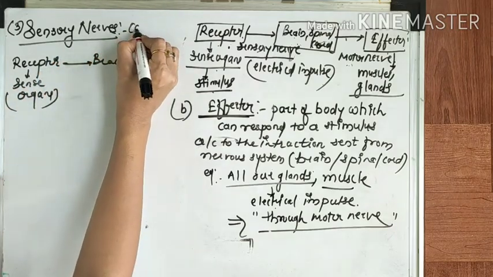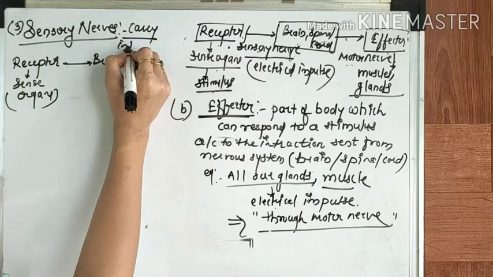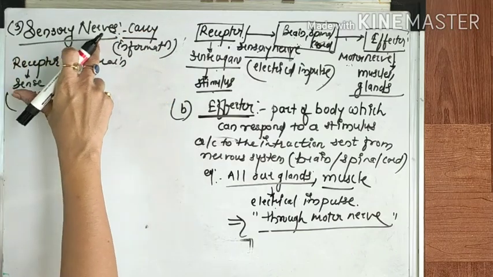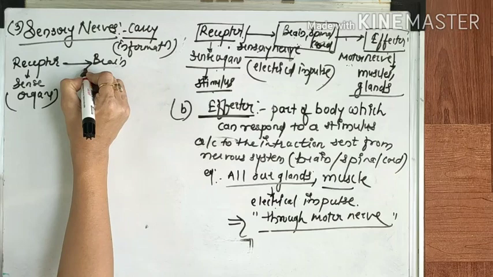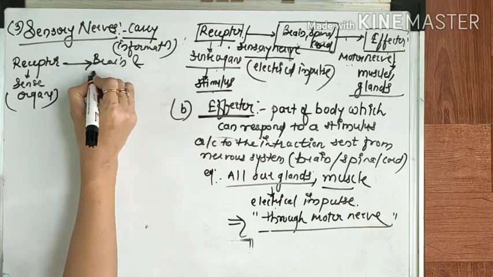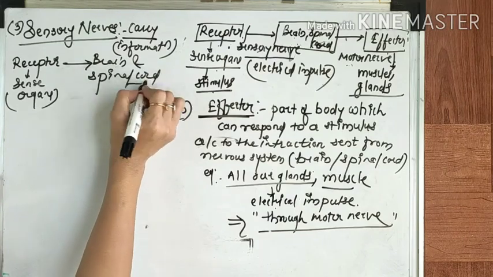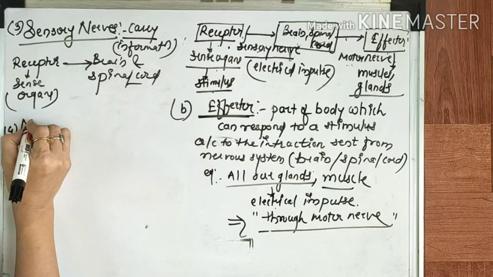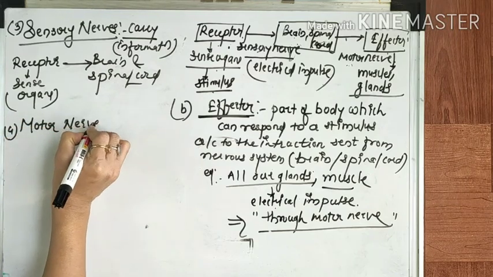Nerves are for carrying the information. So sensory nerves carry the information from the receptors of the sense organs to the brain and spinal cord. That is called sensory nerves. Then we study what is meant by motor nerves.